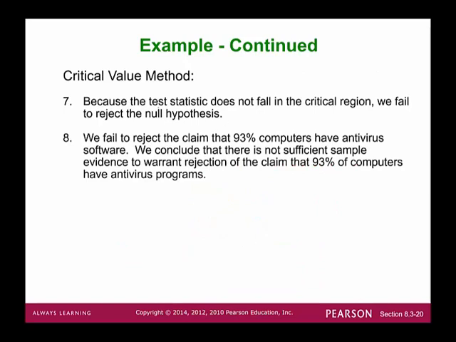The test statistic does not fall in the critical region, or rejection region. Same thing, the critical region is the rejection region. So we fail to reject the null hypothesis, and we fail to reject the claim that 93% of computers have antivirus software.